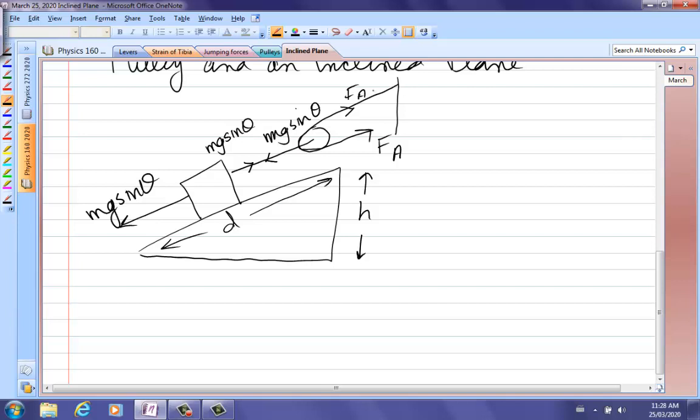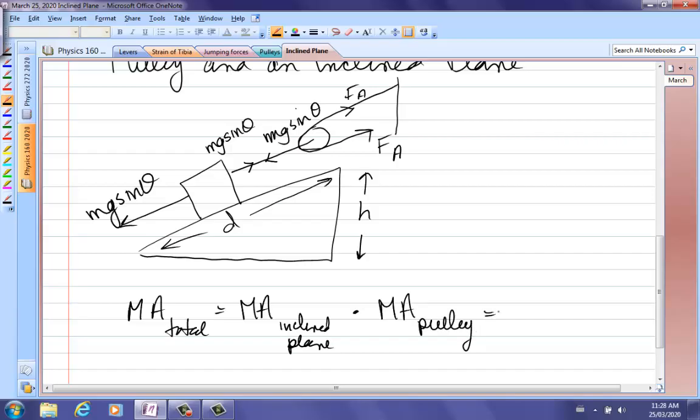Okay, so when you're doing mechanical advantages, you multiply the two together. So the total mechanical advantage is equal to the mechanical advantage of the inclined plane times the mechanical advantage of the pulley.